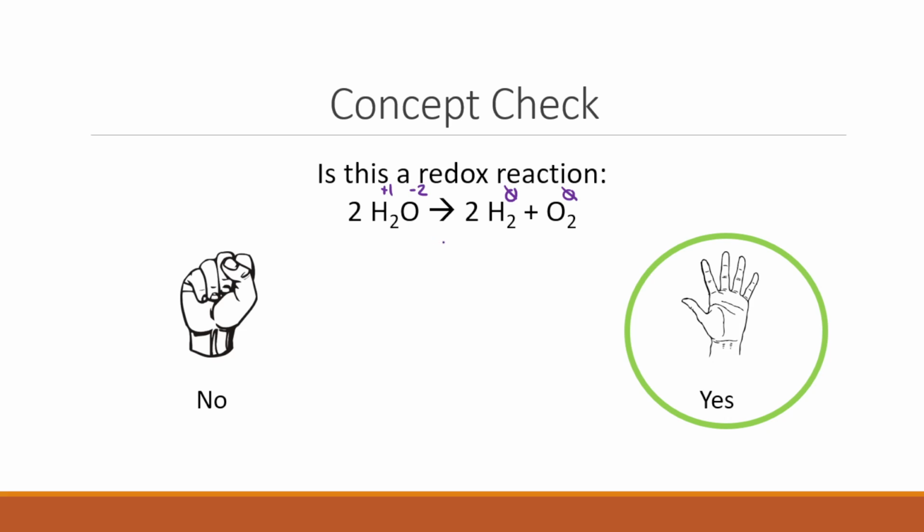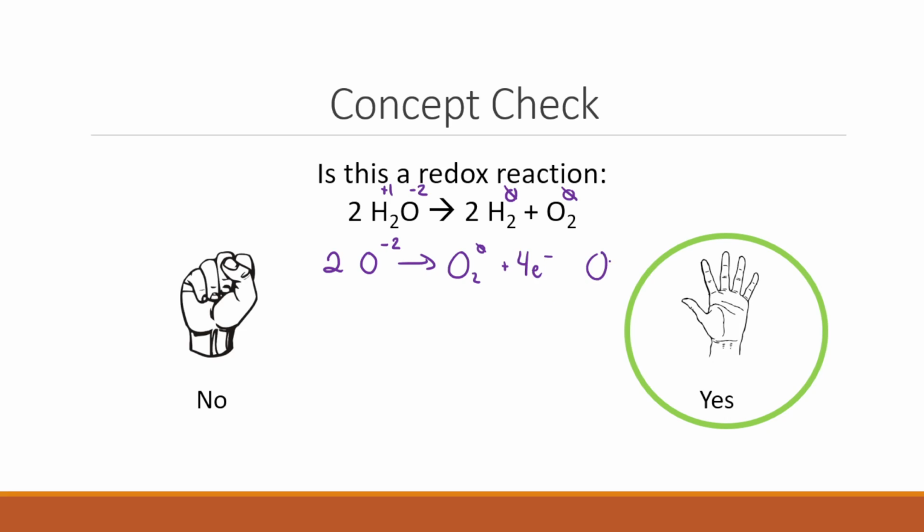So the oxidation state change here is from 1 to 0 for the H's, from negative 2 to 0 for the O's. So in this case, which thing is oxidized, which thing is reduced? In this case, the oxygen, the two O negative 2s, become O2, 0, and give up 4 electrons.